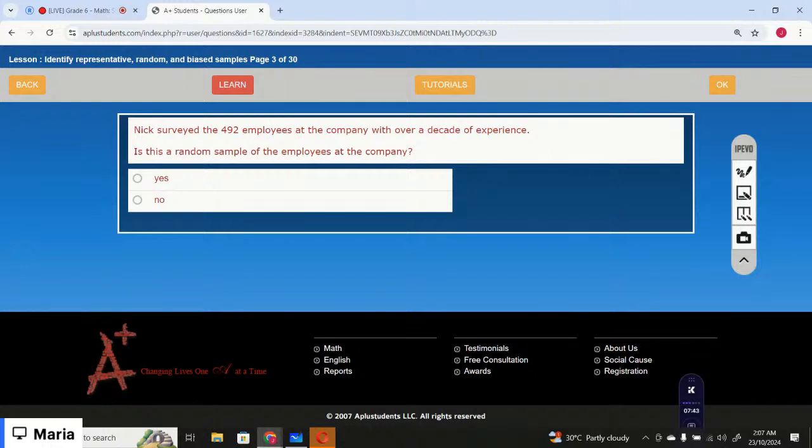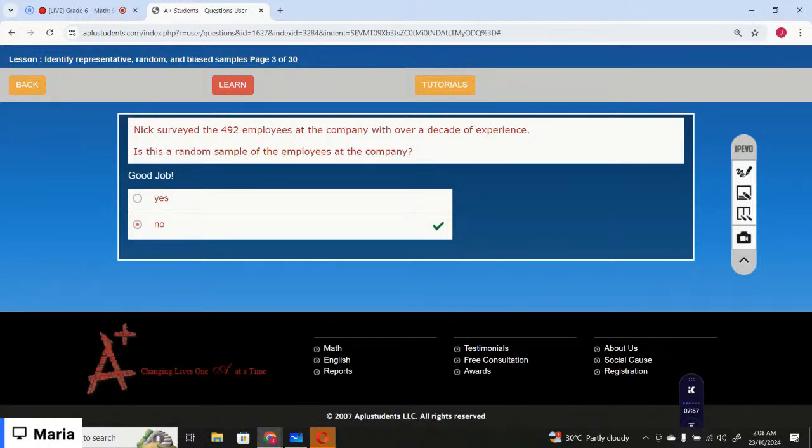No, that is not the random sample, because the 492 employees are the ones who have been employees for over a decade. They are not the same as the other employees, right? So the correct option is no.